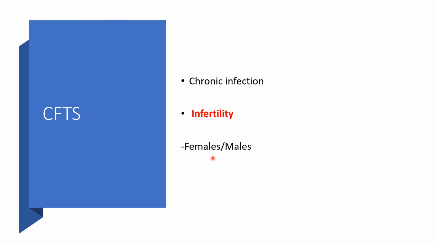That could lead to infertility. In males, the testicles, spermatic cord, prostate, epididymis could all be involved and could lead to infertility. So it is wise to find out about history of travel in a young woman and young man faced with infertility before delving into deeper and deeper investigations.